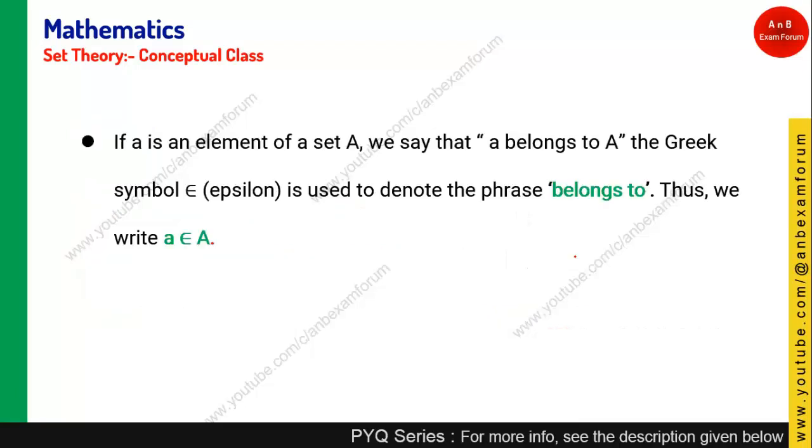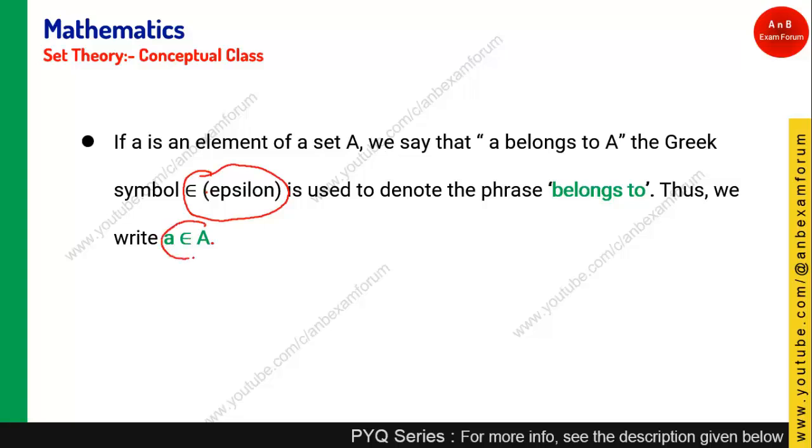Coming to the next important point, if an element a is an element of set A, then we say a belongs to A with the Greek symbol epsilon, which I already explained. This symbol stands for belongs to.